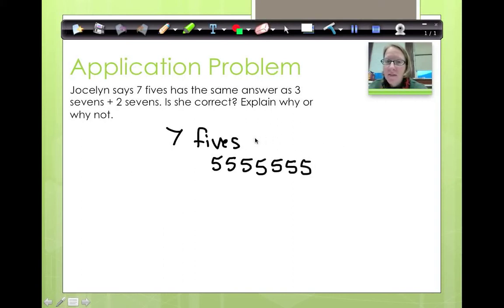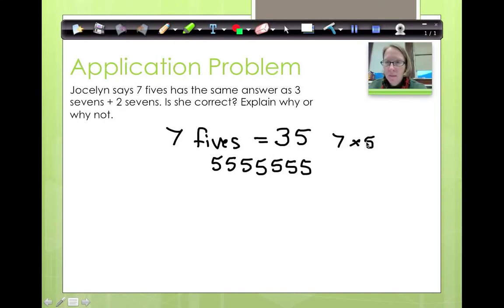So what's 7 5s? 5, 10, 15, 20, 25, 30, 35. Okay, so 7 5s is 35. What would be another way to write 7 5s? I'm thinking it might just be 7 times 5, right?